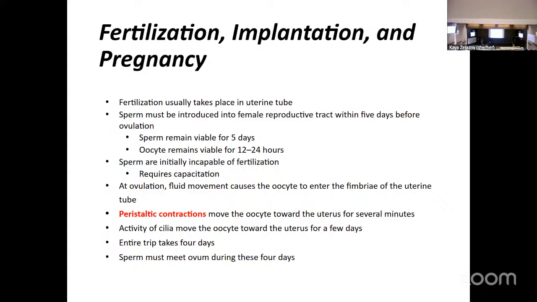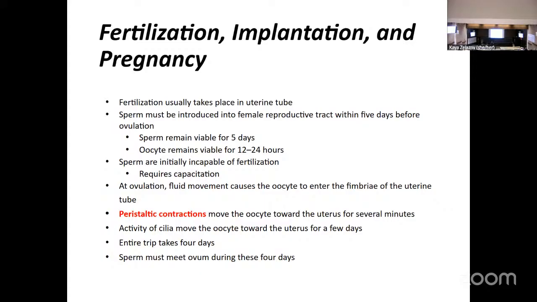In order for the sperm to do this swimming through their 5-day lifespan, we do have to have one final piece of maturation happen. And this actually happens in the female reproductive tract itself. So once sperm are deposited in the female reproductive tract, they're going to undergo this process of capacitation.